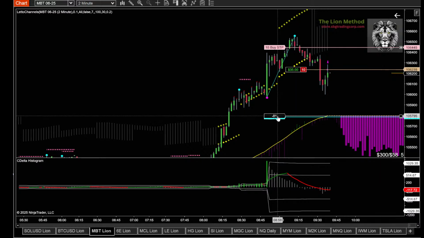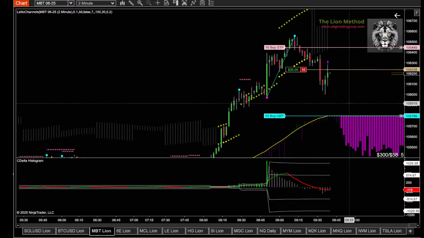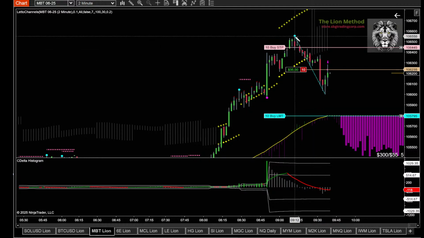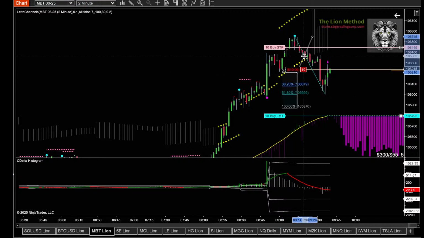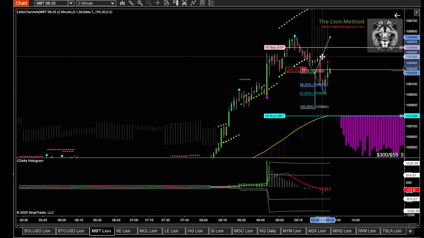Targeting the 100 MA. Now, normally, my target based on that swing here has already been hit. So the target is 61.8. That was the target roughly right there.